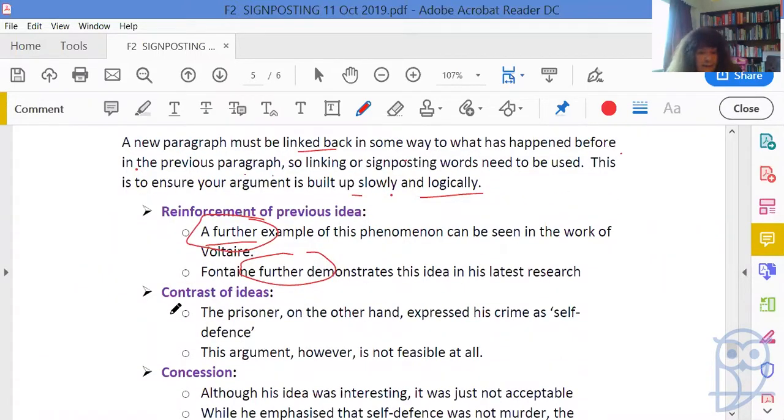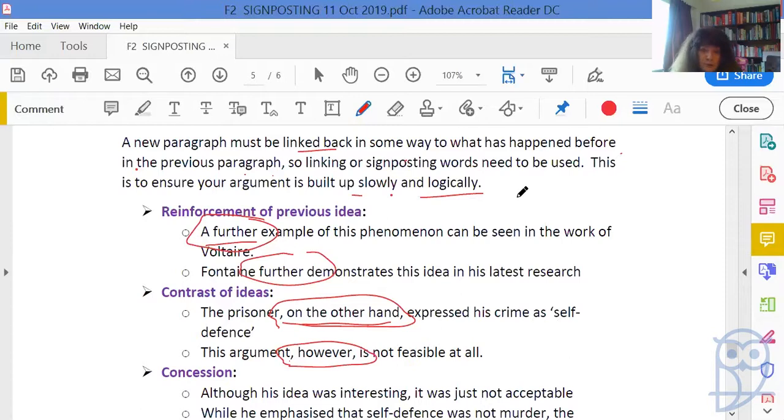Contrasting, comparing ideas. The prisoner, on the other hand, expressed his crime as self-defense. This argument, however, is not feasible at all. We've stuck in signposting words to make your sentence better, bigger. Maybe you haven't got enough words.